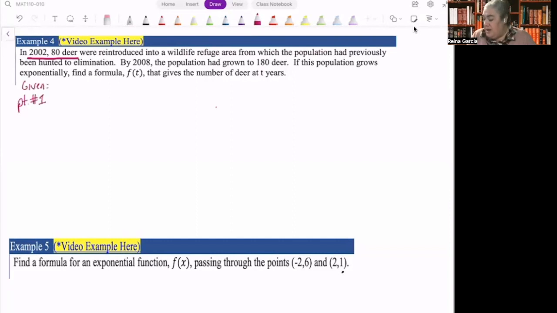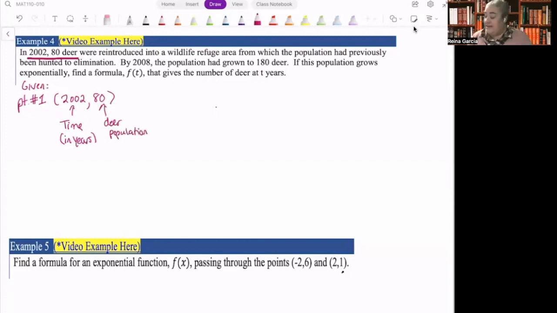This is point 1, and you're told 2002, and as you always know, time is always, if that's one of your variables, your input variable. We have 2002 and 80 deer. So we know that this is time in years, and this is deer population.